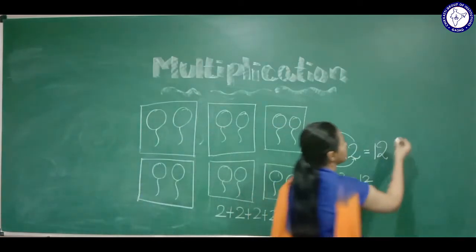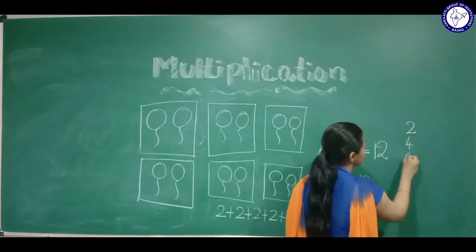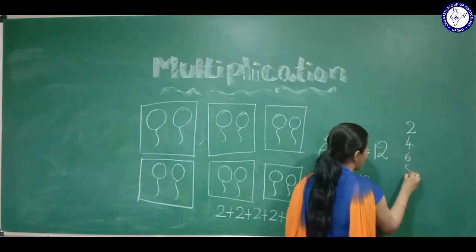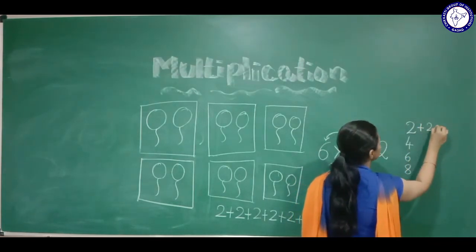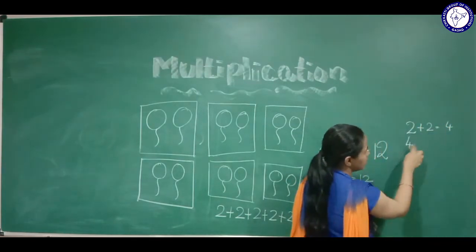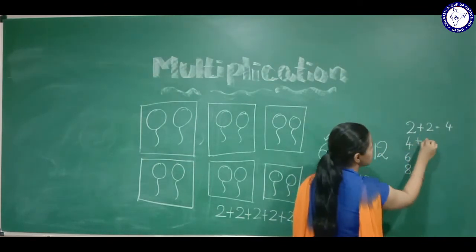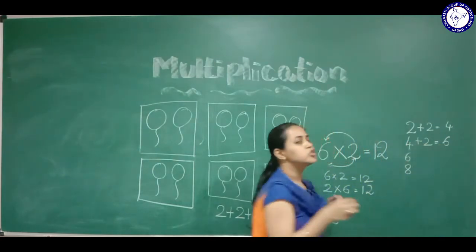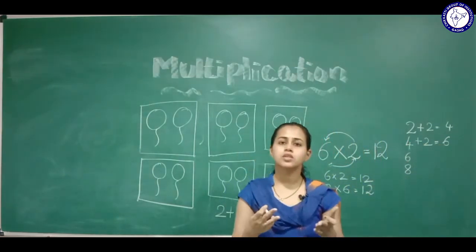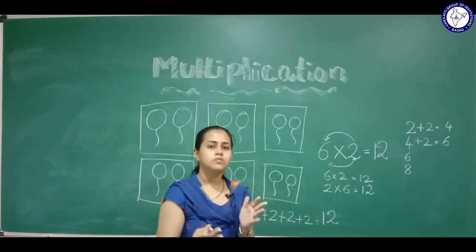Say here, if you write 2 ones are 2, 2 twos are 4, 2 threes are 6, 2 fours are 8. If you add 2 plus 2, what is it? 4. If you add 2 to the 4, it is 6. So for table 2 the difference is 2. For table 3 the difference is 3.